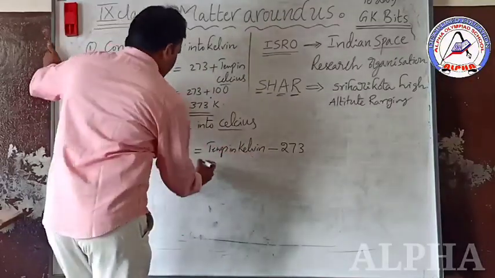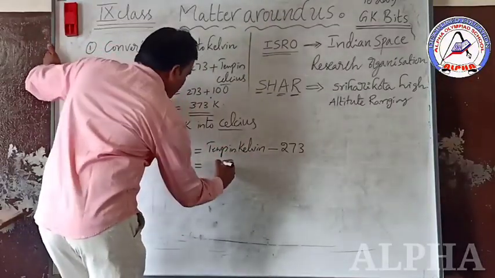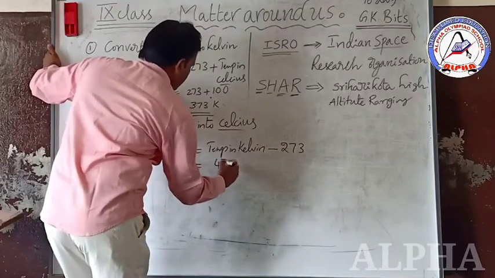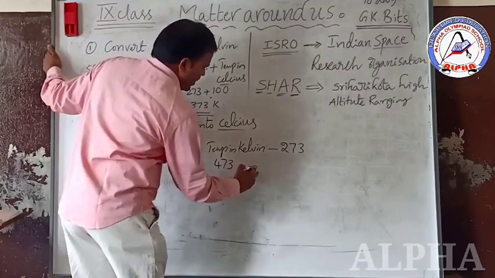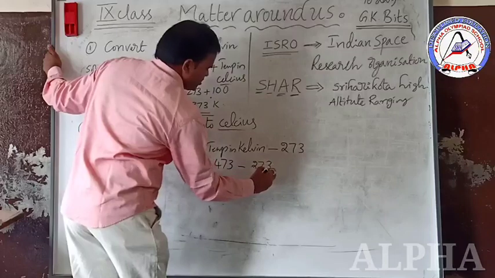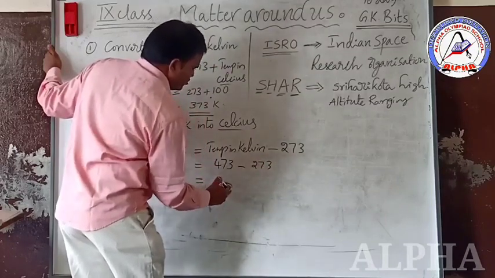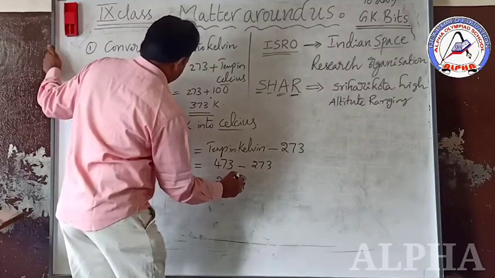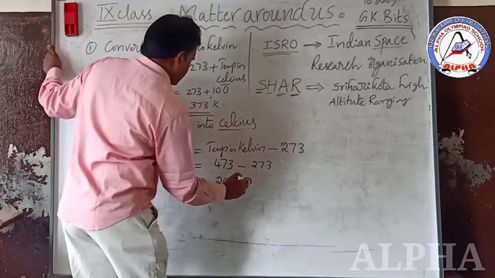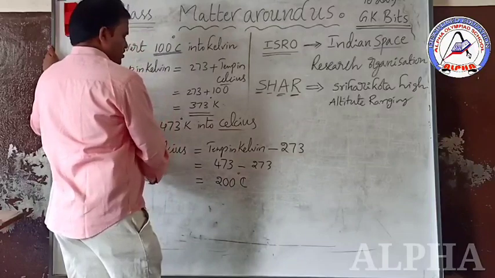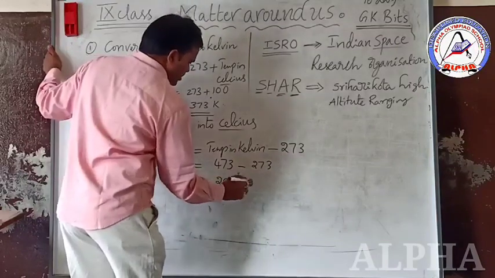Temperature in Kelvin given is 473, minus 273. 473 minus 273 gives 200 degrees centigrade. We are finding it in centigrade only.